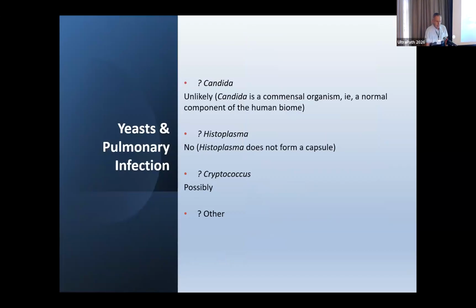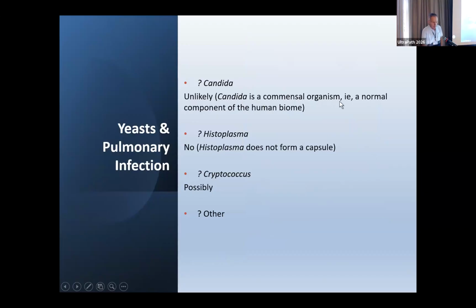So then I had to think, well, what are the options? And this is not an area that I'm really familiar with, but I'm thinking, could they be Candida? I tend to say Candida, but that was a song from 1970. Anyway, I thought unlikely.